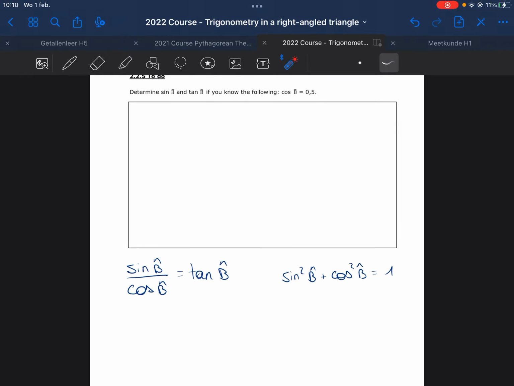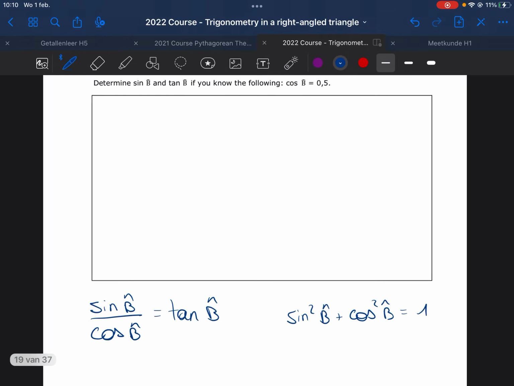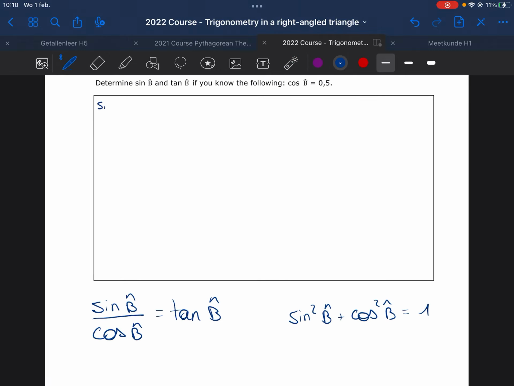Now first, we should start off by discovering the sine. Why? Because if we use this formula, we can replace the cosine with the value that we were given. And then we can determine the sine of B. So let's get started. The square of the sine of B plus the square of the cosine of B should equal 1.